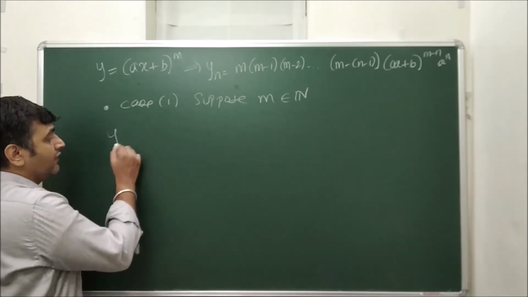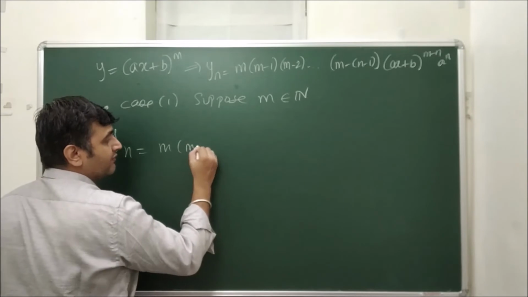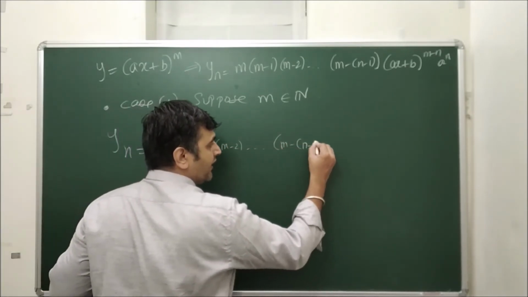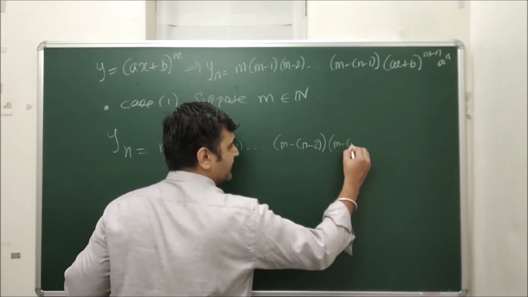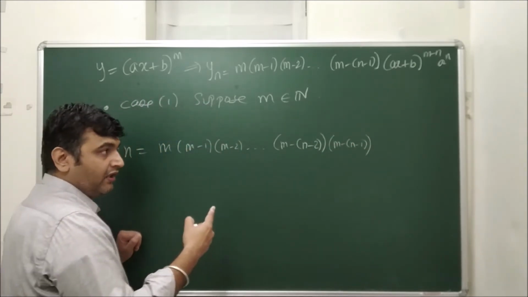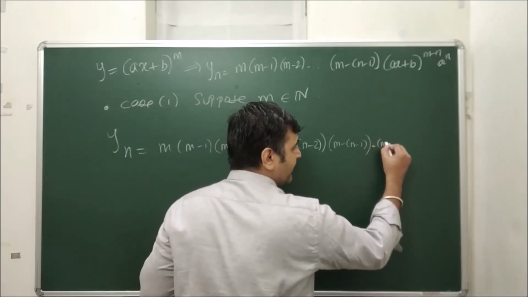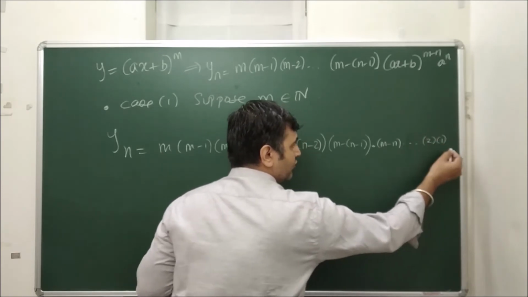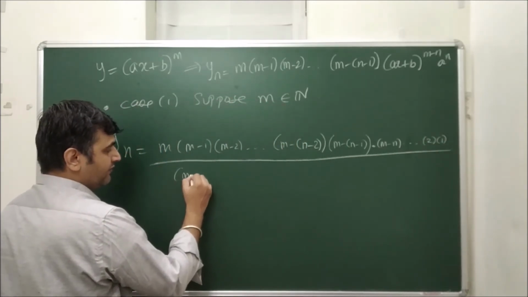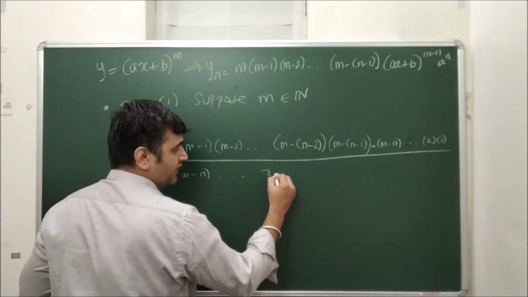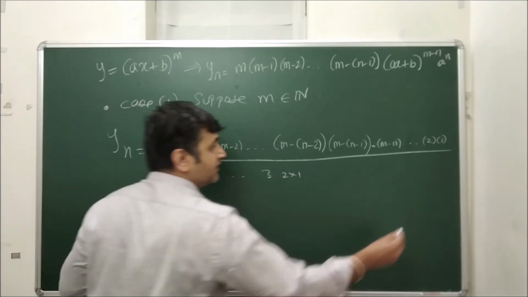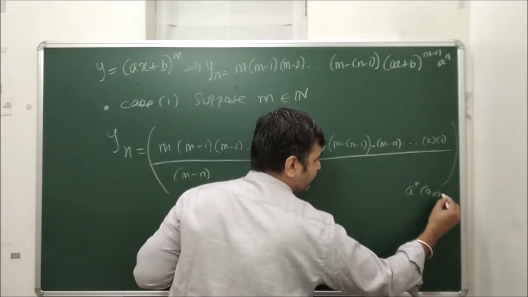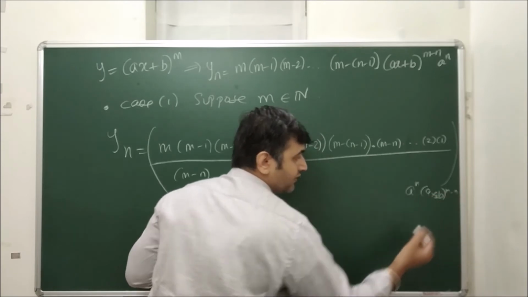Now what do you have? We have our yn to be m into m minus 1 into m minus 2 up to m minus n plus 1. Right? Now we further extend this by multiplying and dividing by m minus n, and so on down to 3 into 2 into 1, and this whole thing multiplied by a raised to n, ax plus b raised to m minus n.